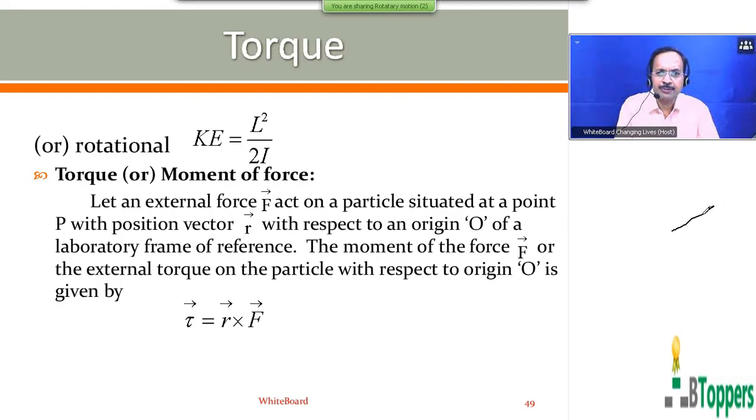You can draw a diagram in case you are writing the notes separately, showing the position vector r bar and force F bar, and O is the origin of the coordinate system. P is the point where the force is applied.